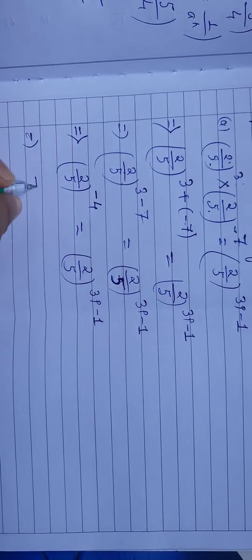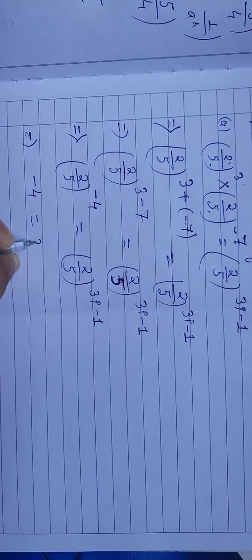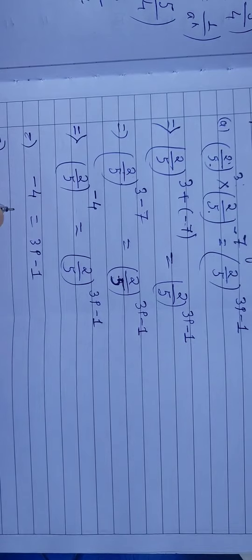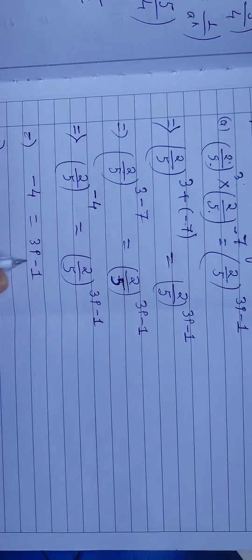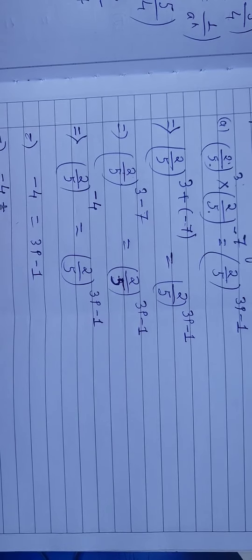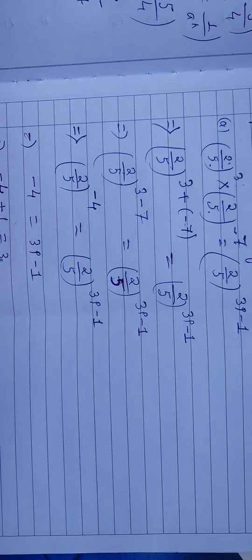Which implies minus 4 equal to 3p minus 1. Now if I shift this minus 1 to the left hand side, it will become minus 4 plus 1 equal to 3p.